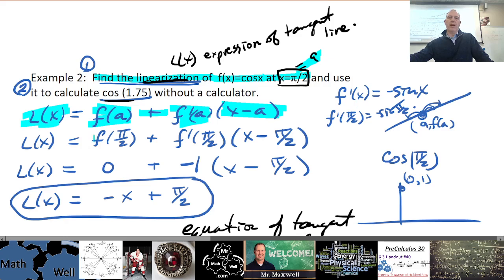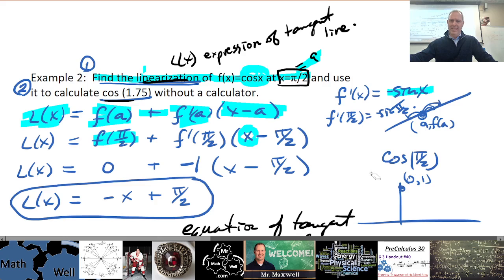So f of pi over 2 is cos of pi over 2, because that's what f of x is. And f prime of pi over 2: f prime of cos is negative sine. So that's negative sine of pi over 2, times x minus pi over 2. Notice we're not putting a value for x in there because I'm looking for the linearization, the equation that includes just a bare x variable there.